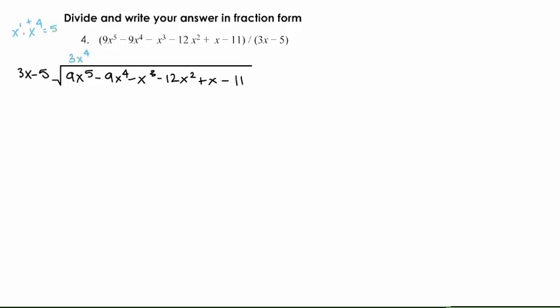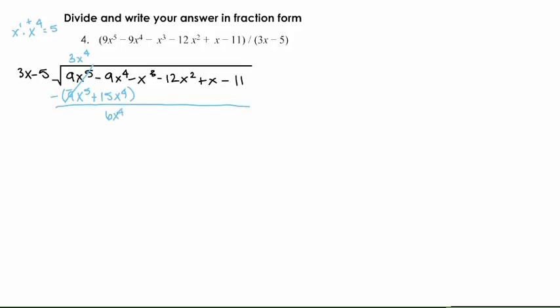So you bring that down and write it here: 3 times 3 is 9, x^4 times x is x^5. Multiply your second term by it, so -5 times 3 is -15x^4. Then distribute that negative to get -9x^5 and positive 15x^4. That'll cancel out our first term, and it'll leave you with positive 6x^4.